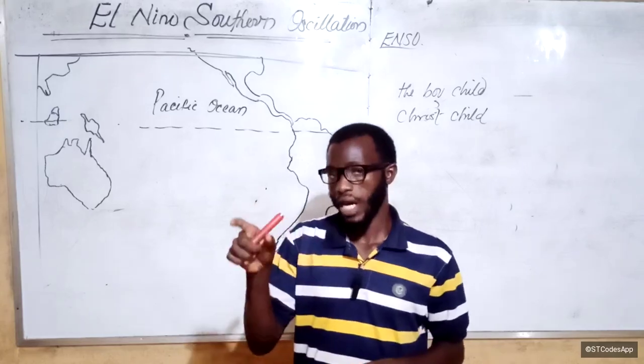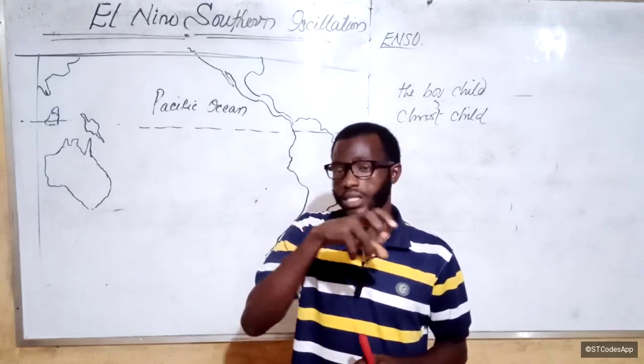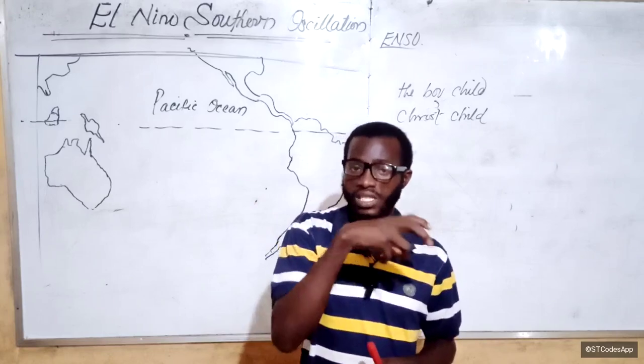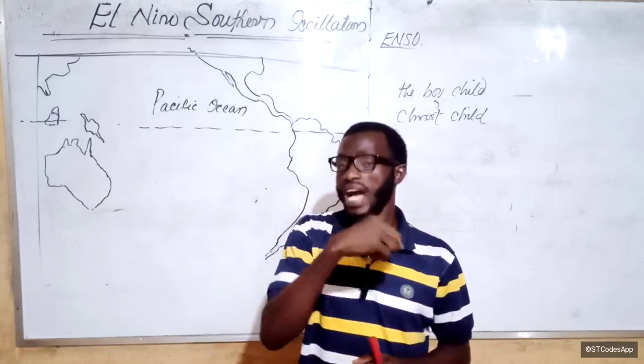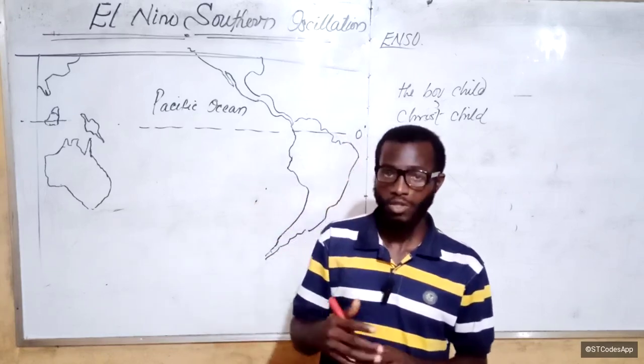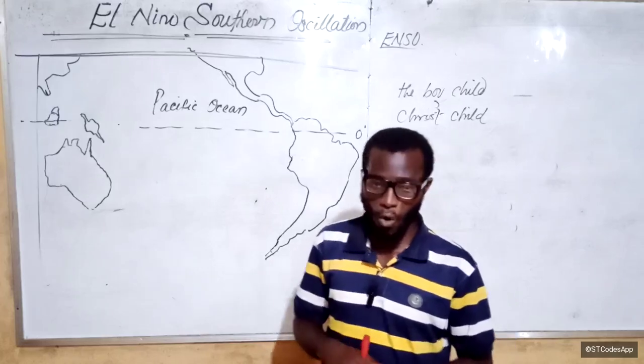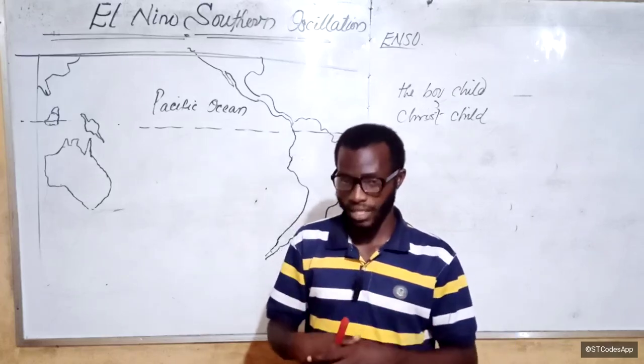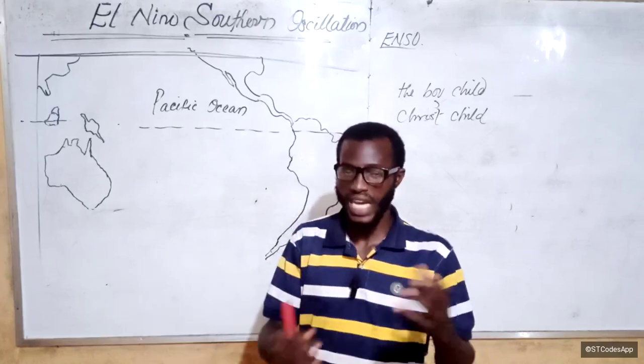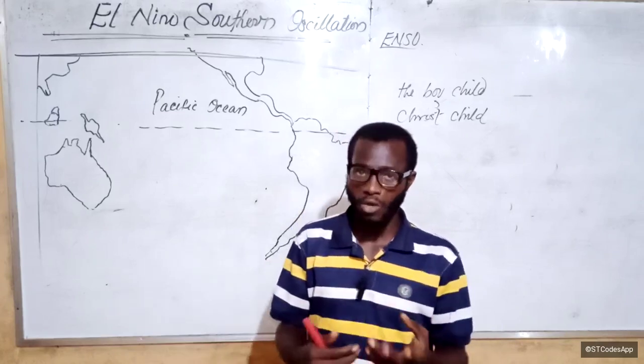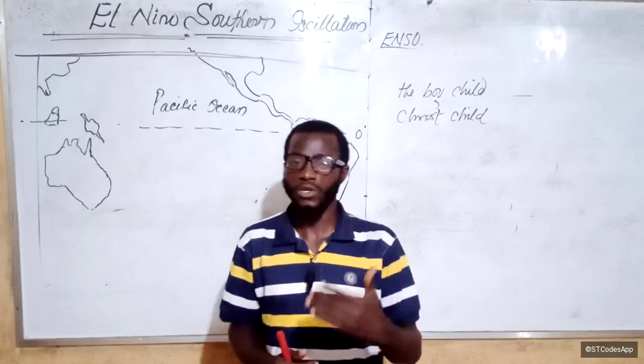So the phenomenon was named after the period in which it occurs. Now we know where it occurs, which is the Southern Pacific, and we know the origin of its name. Now, what does it entail?